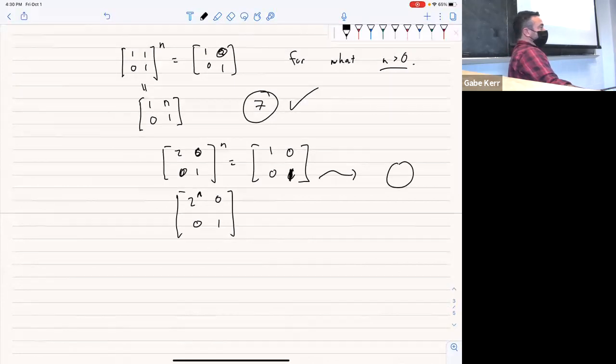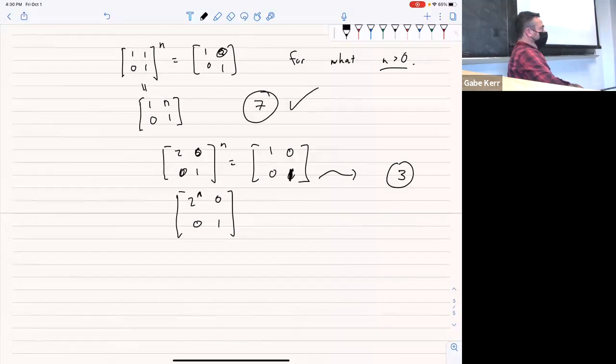Order is a positive integer; anything would have order 0 otherwise. So 2 to what power is going to give you 1? 3. 2 cubed is 8, which is 1 mod 7. Very good.